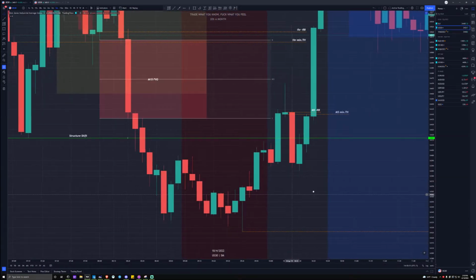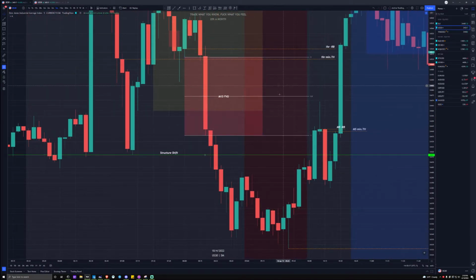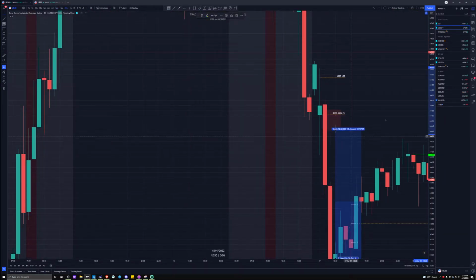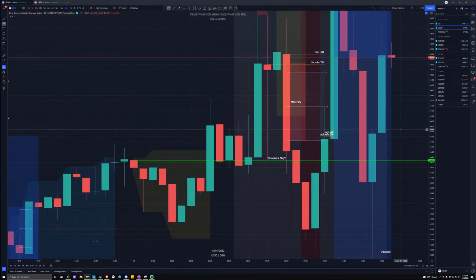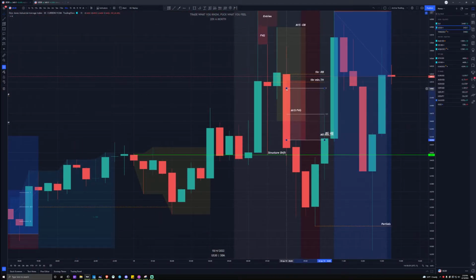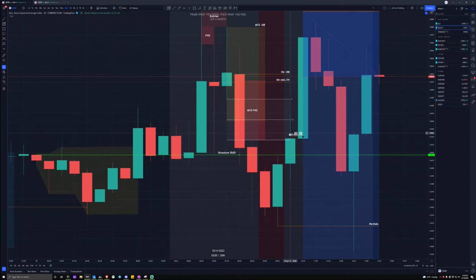Price continued to rally, and then right here on the 15 minute, I saw this. It was a fair value gap. Pro pointed it out because also on the 30 minute, it was something like this. Let's just go to it. Yes, sir, right there.